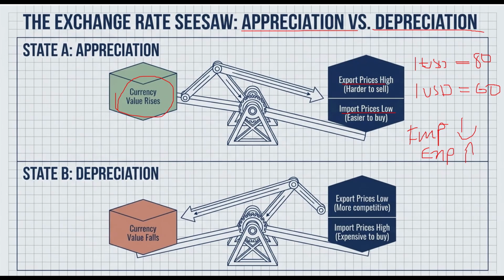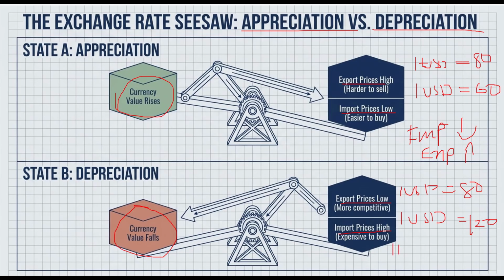And the opposite happens when the currency value is falling. Export prices are low and import prices are high. Initially 1 USD is equal to 80, now 1 USD is equal to 120. Which means initially for buying a 1 USD valued product, we had to spend 80 rupees, now we have to spend 120.